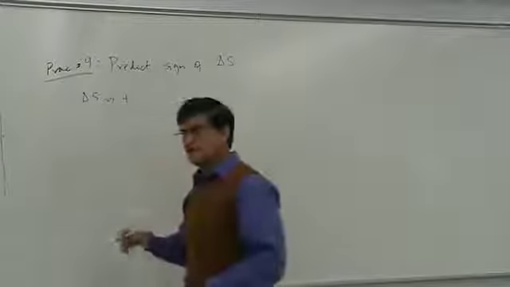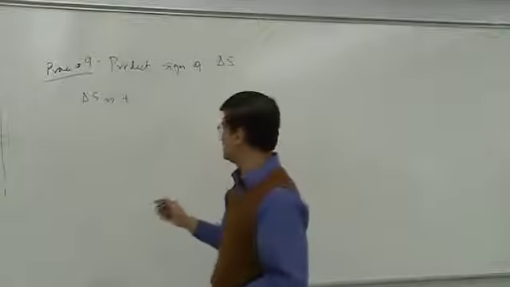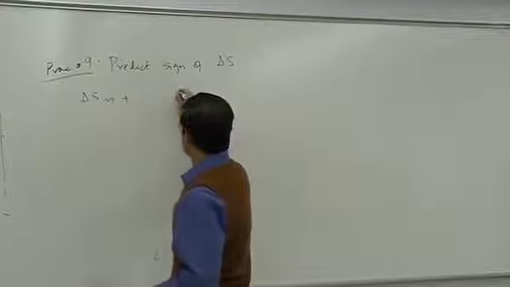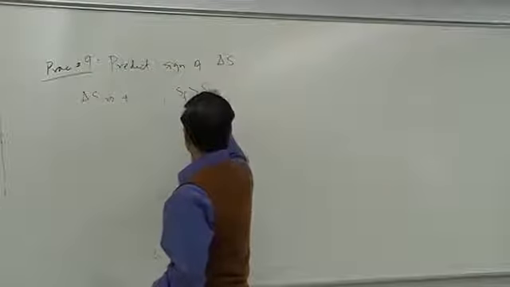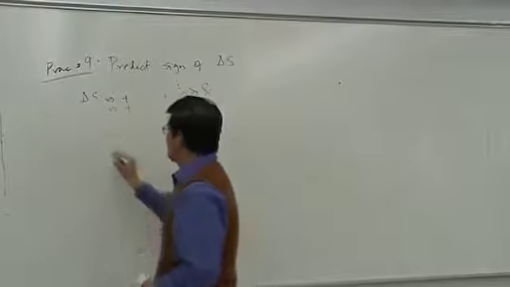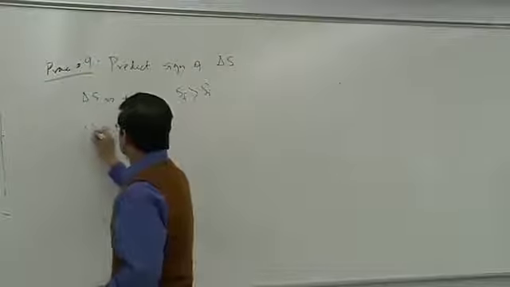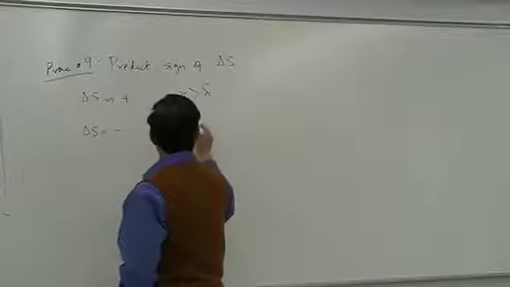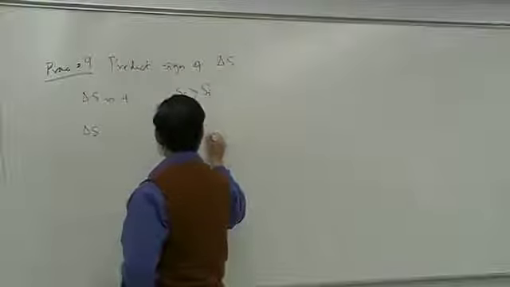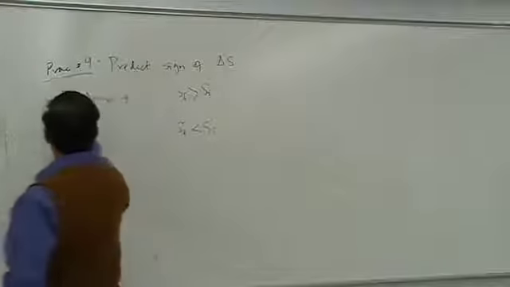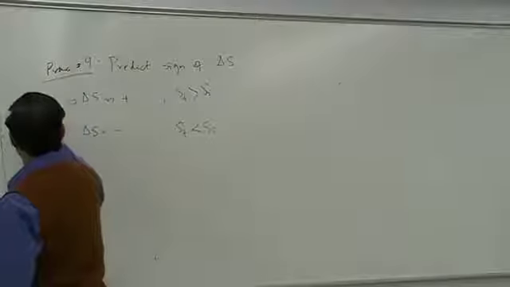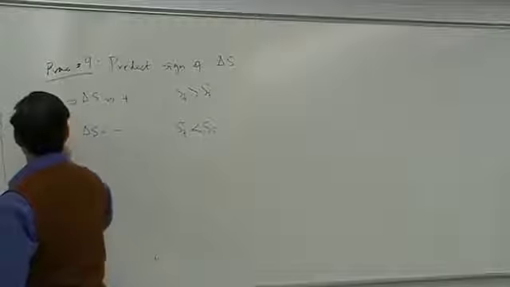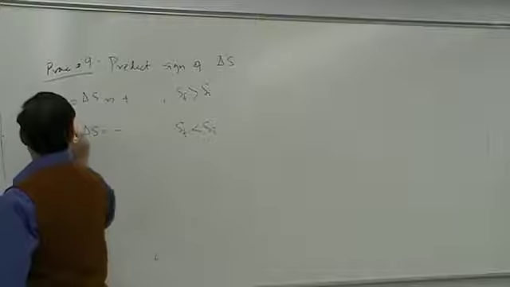Positive means final entropy or randomness is greater than initial. So that means final entropy is greater than initial entropy. When it's minus, final entropy is less than initial. So this tells us increased entropy as you go from initial to final, or decreased entropy.